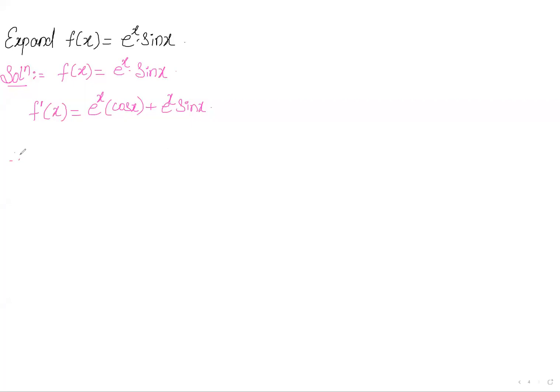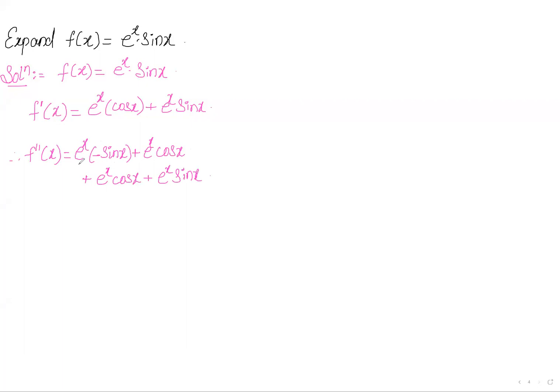Now, second derivative of this function, f double dash of x, is equal to, again apply u into v rule. So e raised to x into minus sin x plus cos x e raised to x cos x, plus e raised to x cos x plus e raised to x sin x.